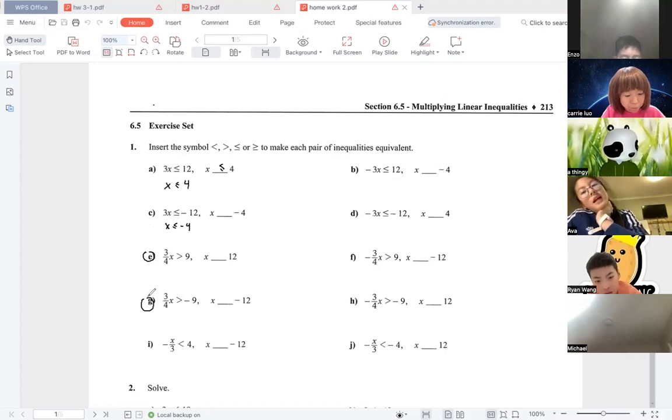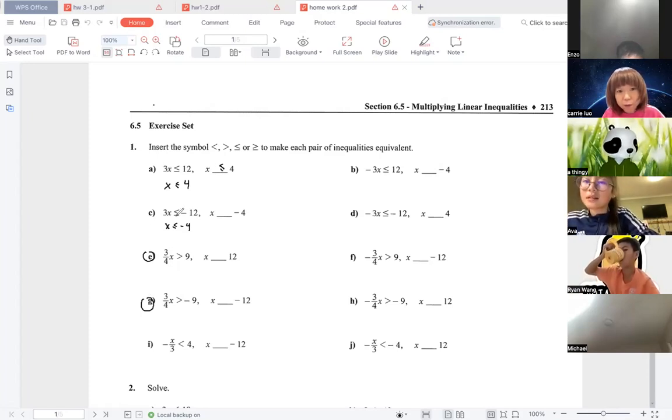Are the symbols with the lines under them equal? Yes, equal. If there's a line below, it's equal. If without, that means bigger.